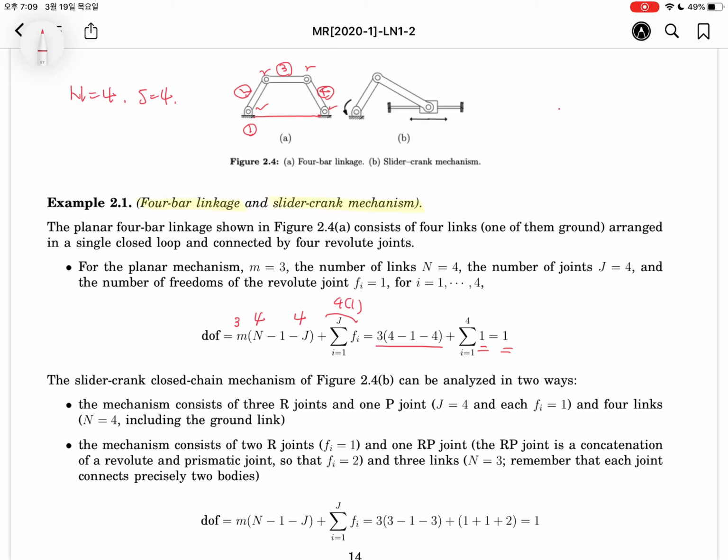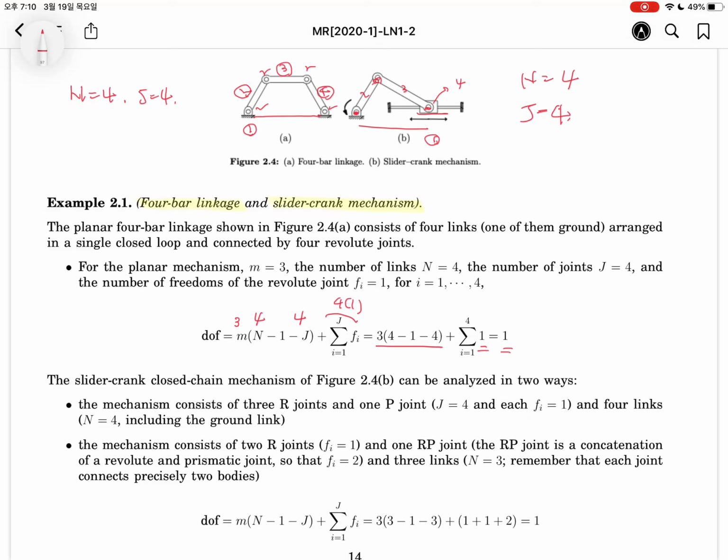Let's consider another example, the slider crank mechanism. Here, let's count the links. The ground is 1, then 2, 3, and then this part is 4. So n must be 4. Let's count the joints: 1, 2, 3, 4.